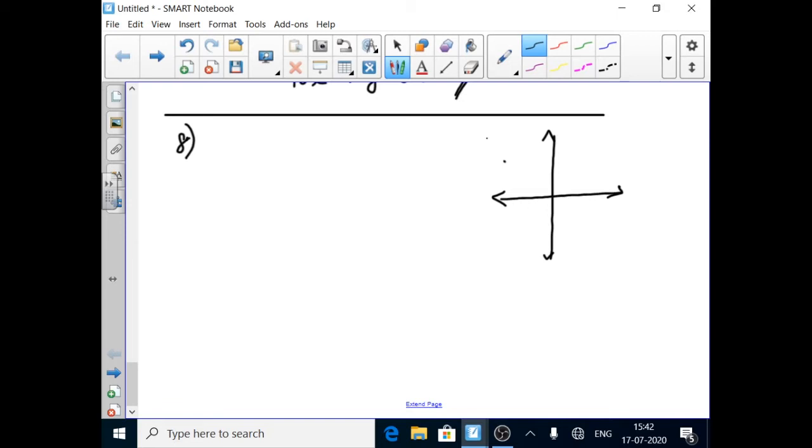Then a bottle of milk is kept at 5, 11. So 5, 11, I take here. This one I named M because it is milk. So M. Okay. So I just join these 2 points.